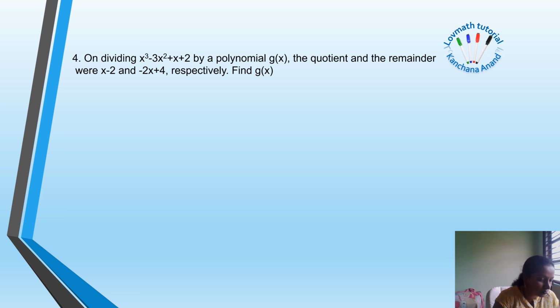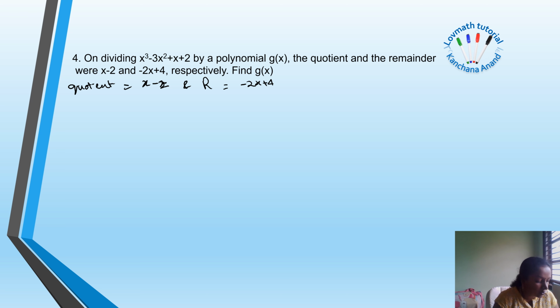And now the quotient is x - 2 and remainder is -2x + 4.